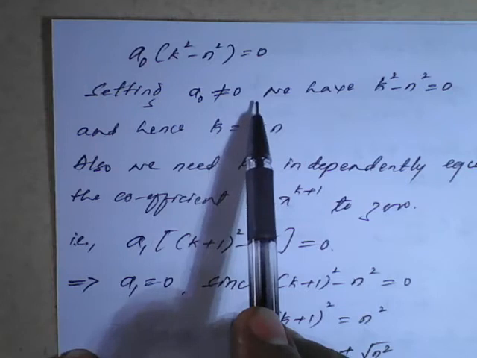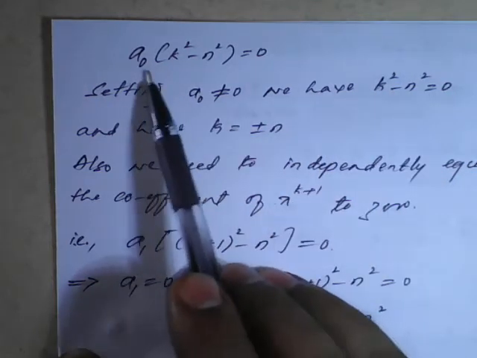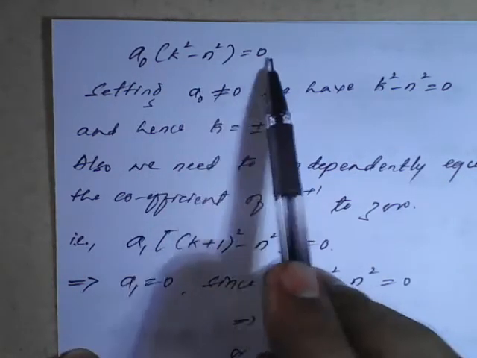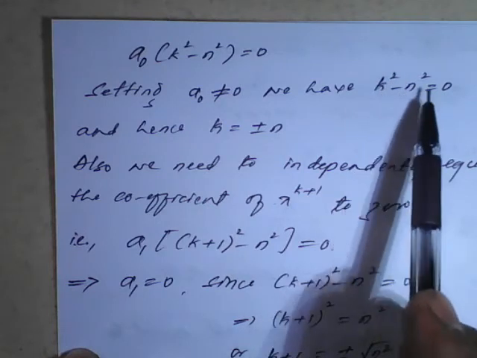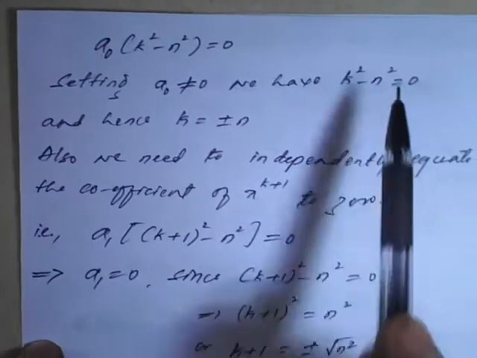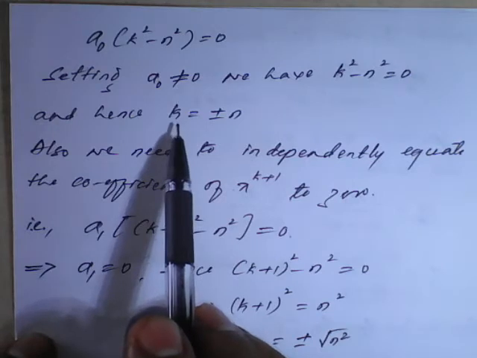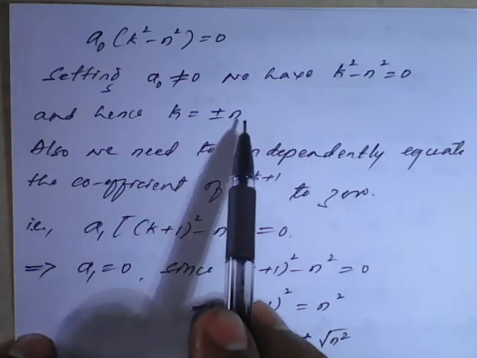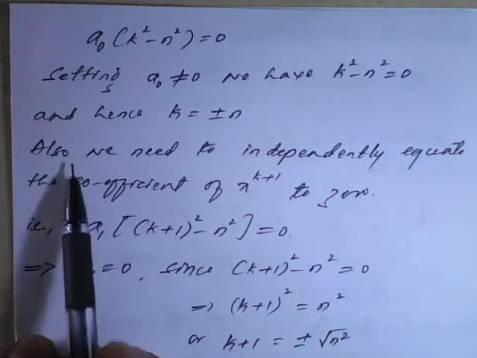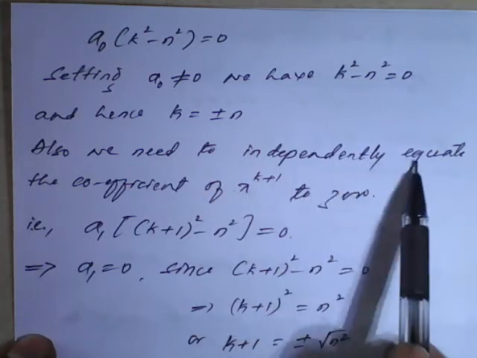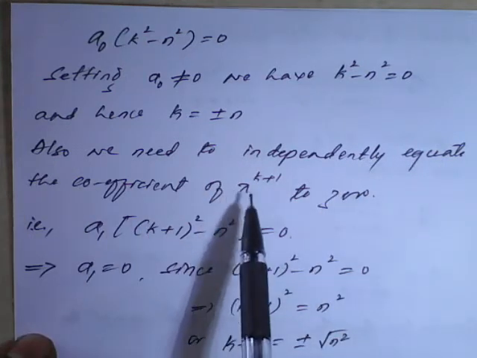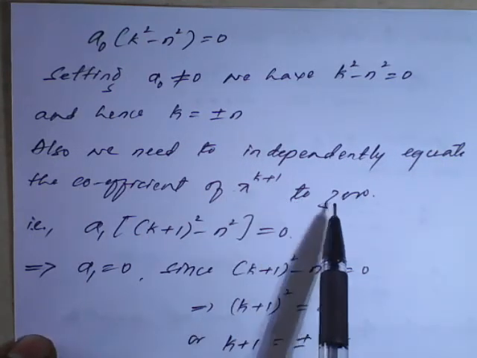Setting a naught not equal to 0, we have k square minus n square equal to 0. Hence on simplification we get k equal to plus or minus n. Also we need to independently equate the coefficient of x raised to k+1 to 0.